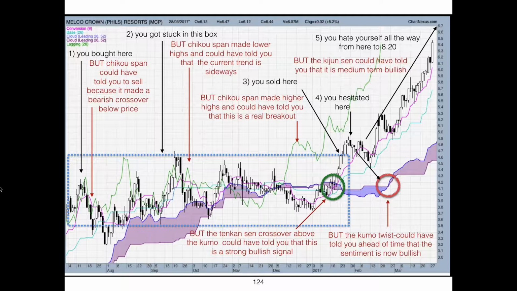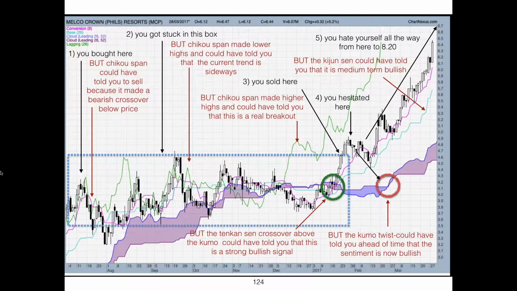In number 5, you hate yourself here all the way to 820, but the Kijun-sen served as strong support and could have told you that this is medium-term bullish. Price held above the Kijun-sen, price held above the Tenkan-sen, showing strong momentum, medium and short term.